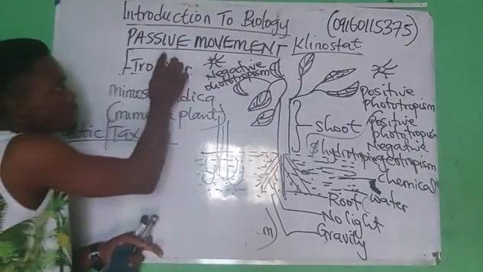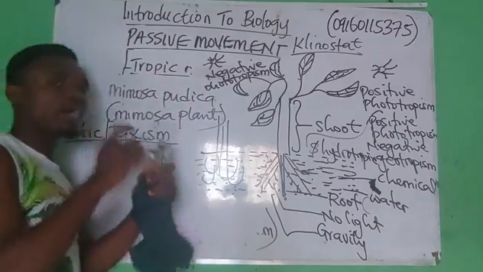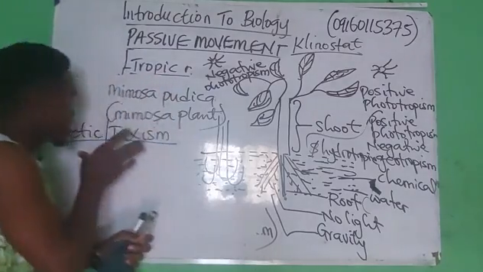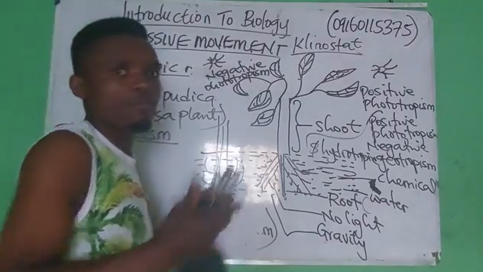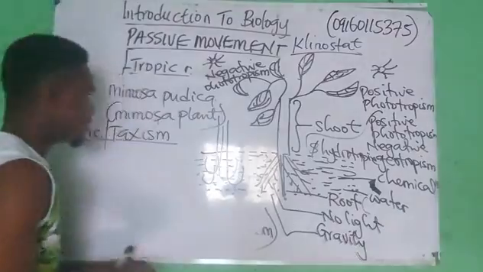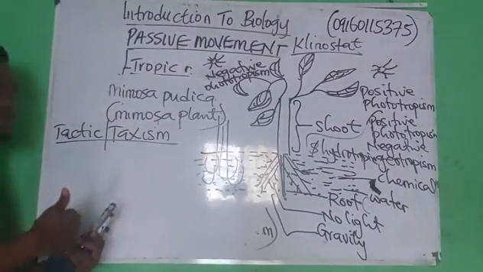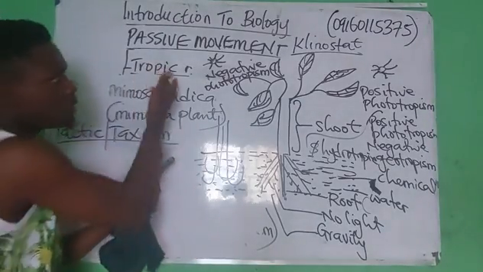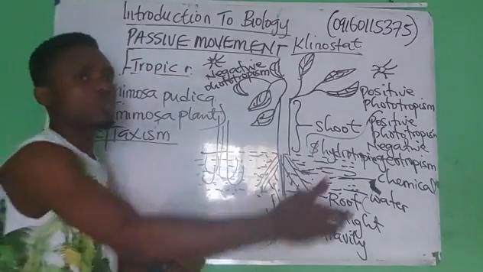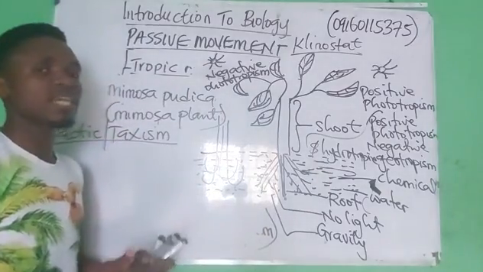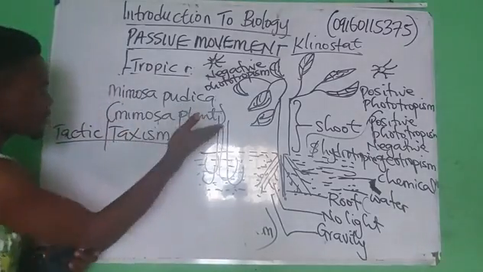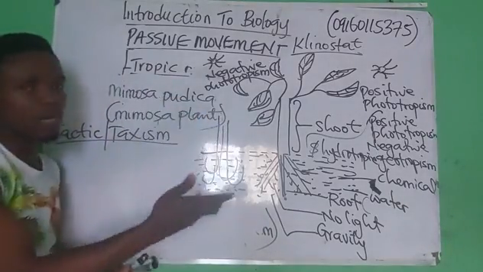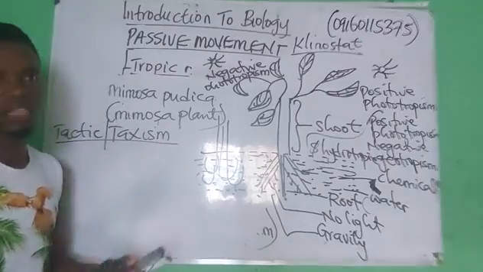But as for the tropic movement, a part of the plant moves, but with tactic movement, the whole body is involved in what? The movement, all right? It could be positive or negative. It is positive, just as I explained before, where the organism moves towards the stimulus, all right? And it is negative when the organism moves away from the stimulus. Same things applicable: light, chemical, water, gravity, as the case may be.